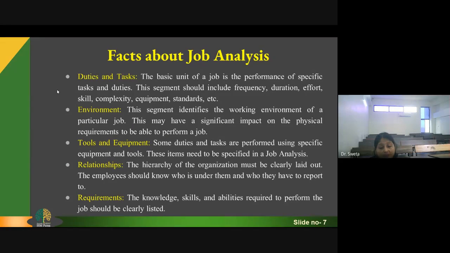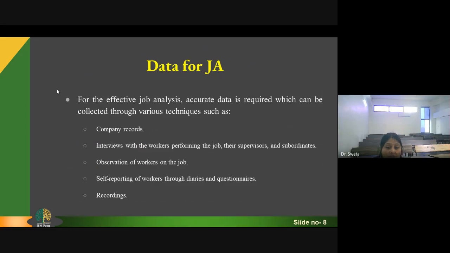What are the basic requirements? What are the skills required? What are the qualifications and abilities required? Each and everything will be discussed under job analysis. For that purpose, the information needs to be collected and gathered from various sources in the organization. Now, from where can we collect data for job analysis?